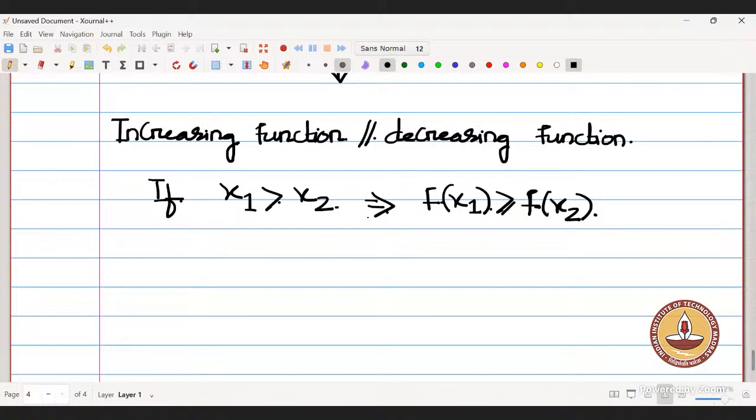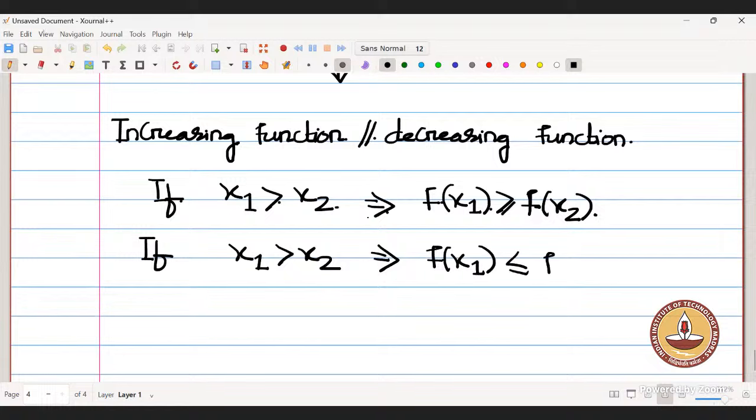And similarly, what is the definition of decreasing function? If x1 is greater than x2, then f of x1 is smaller than or equal to f of x2. Again, this should hold for all x1, x2 inside the domain.